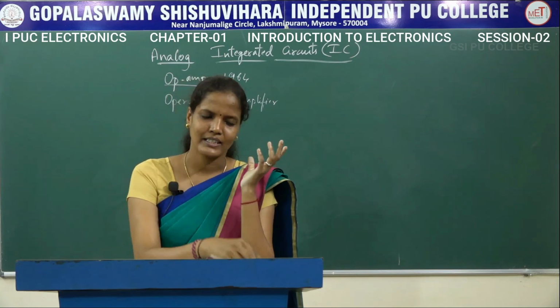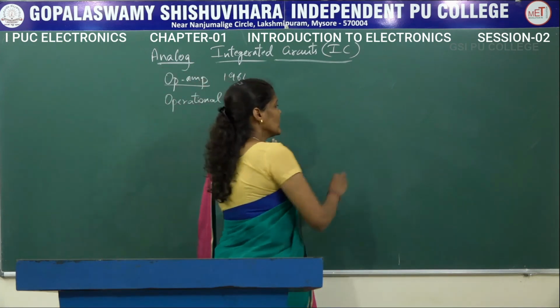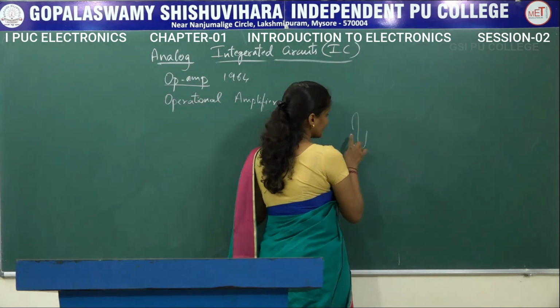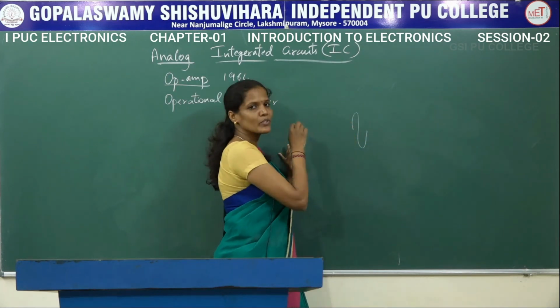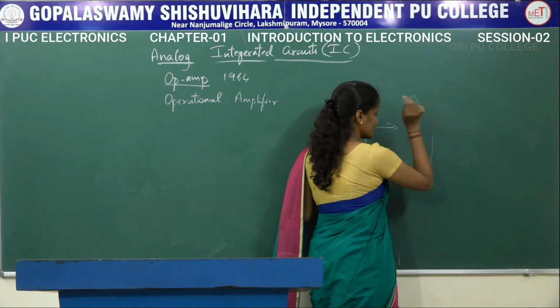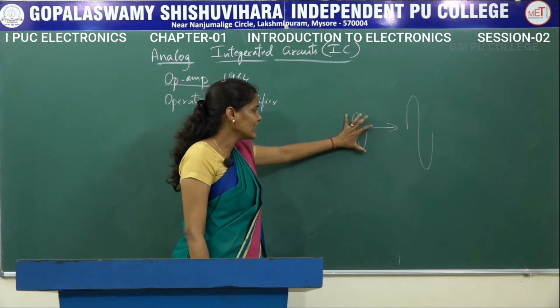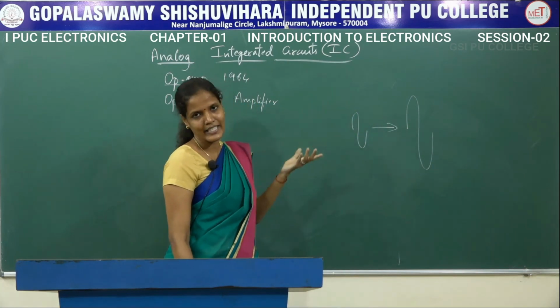Amplifier, in the first session itself I have told you, is nothing but a circuit which strengthens the weak signal. If the input signal is like this, when it is given to an amplifier circuit, the output will be the amplified version of this. Strengthening of the weak signal is called an amplifier.